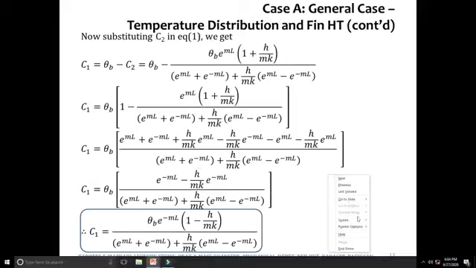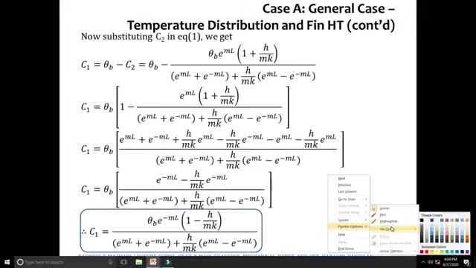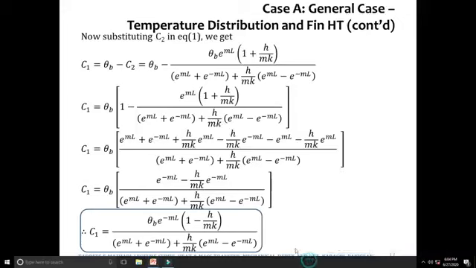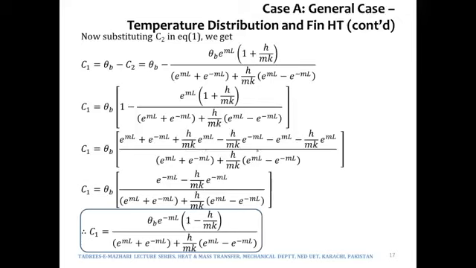Now some things would get cancelled out. For example, e to the power ml would get cancelled out, and h over mk e to the power ml will also get cancelled out.